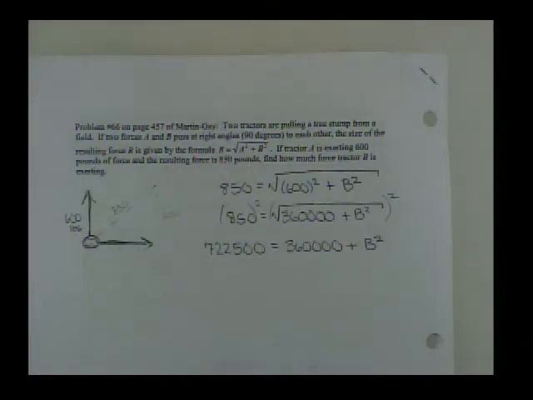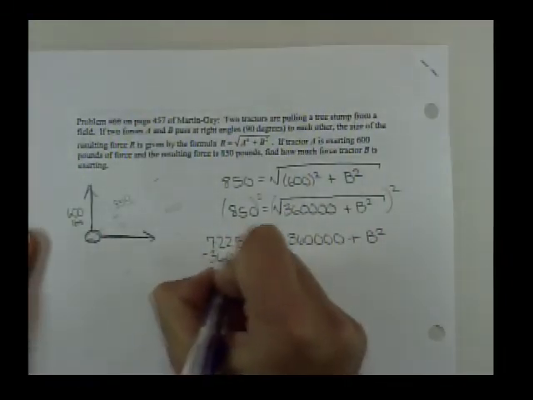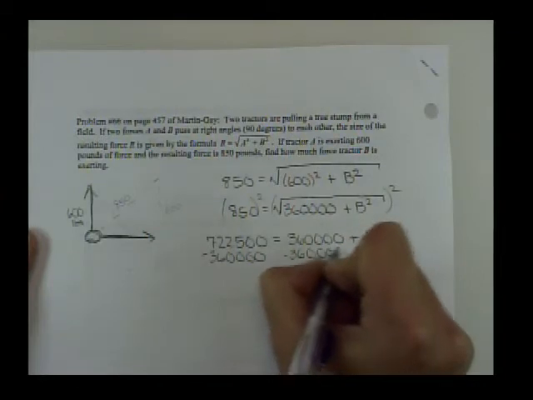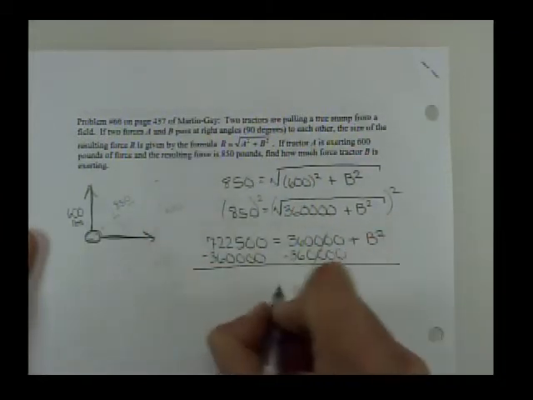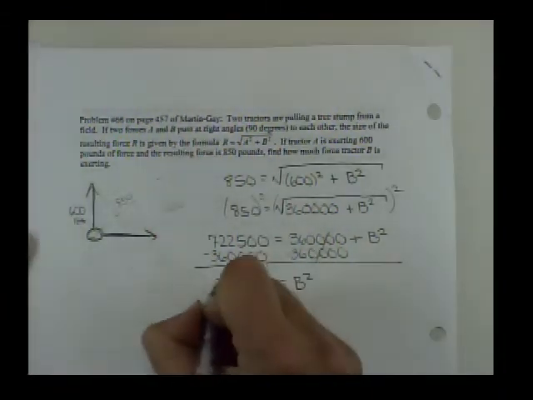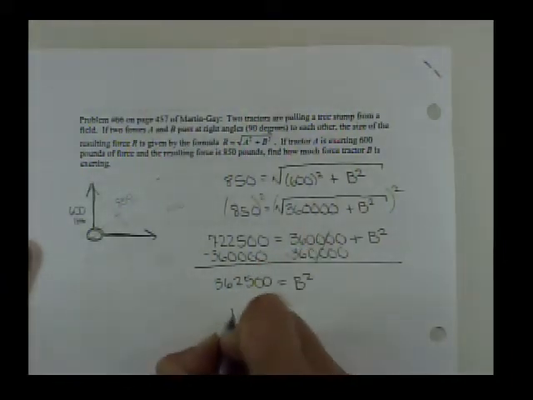And then what would we do here? Yeah, subtract that 360,000. So 362,500, and then B, how are we going to find B?